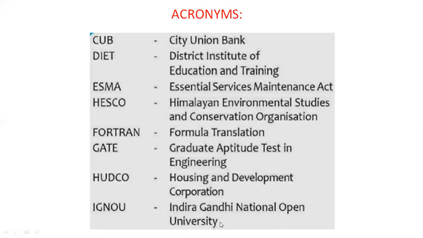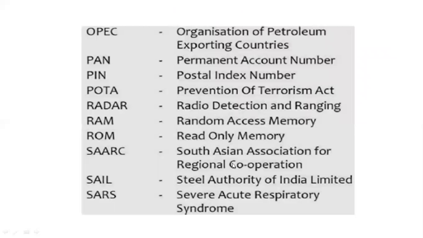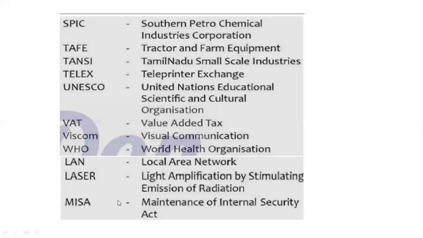So these are all called acronyms. You can see here examples: OPEC, PAN, PIN, POTA, RADAR, RAM, ROM, SAIL and SOR. So these are all called acronyms.